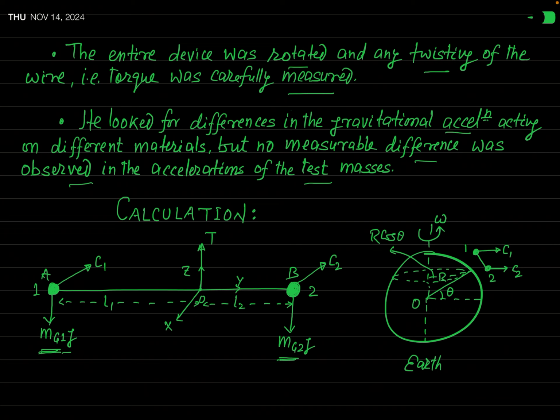Now for calculation, we consider this point O, where the rod is suspended by the torsion wire, as origin. As we will make our calculation in 3 dimensions, let us set up a rectangular coordinate system here, taking the y-axis along the rod and the x and z-axes as shown in the figure. This is a right-handed coordinate system.